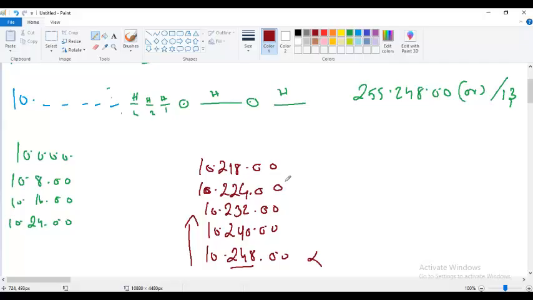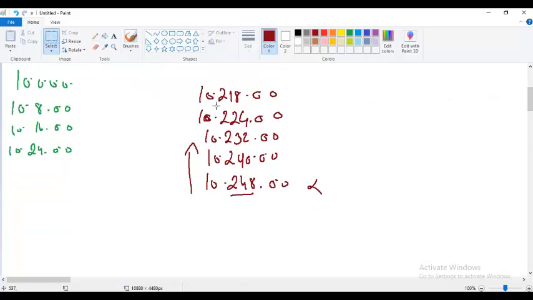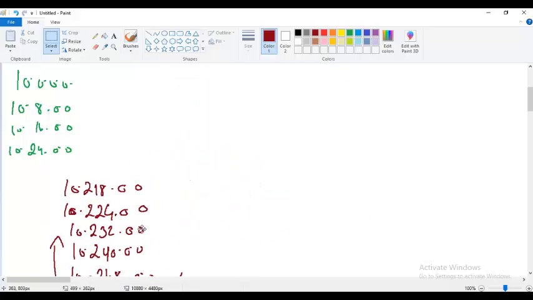So you got the last 4 and you got the first 4. We don't need to do too many things. This is enough if you know how to do this.